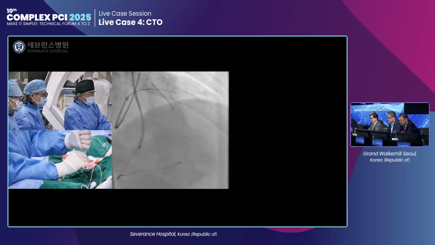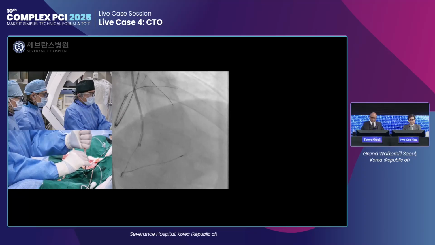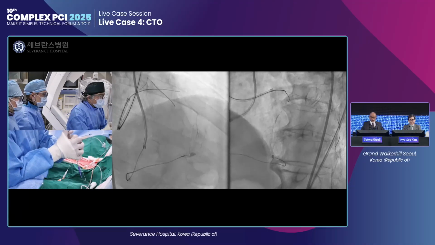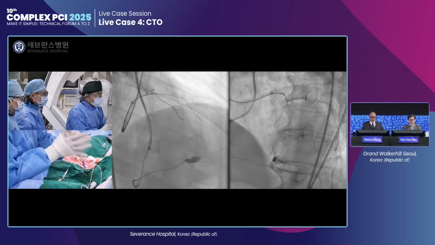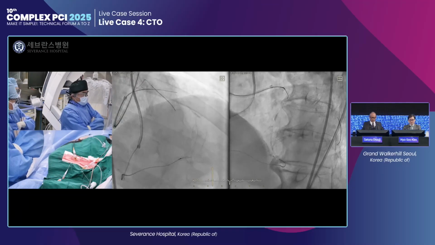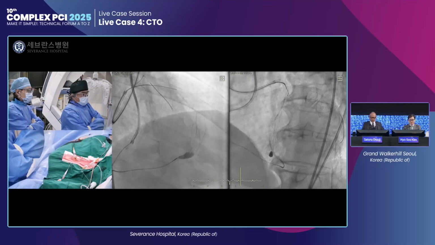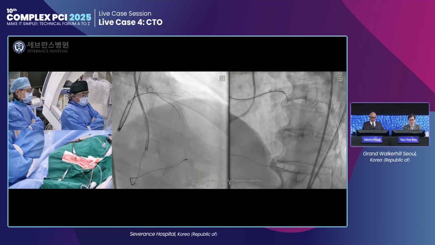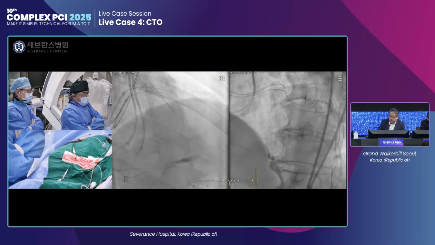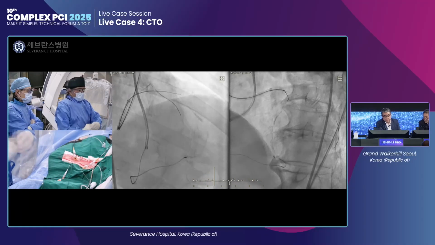I will check again. When we do this injection, we have to make sure the backflow is very good, and also the injection power.